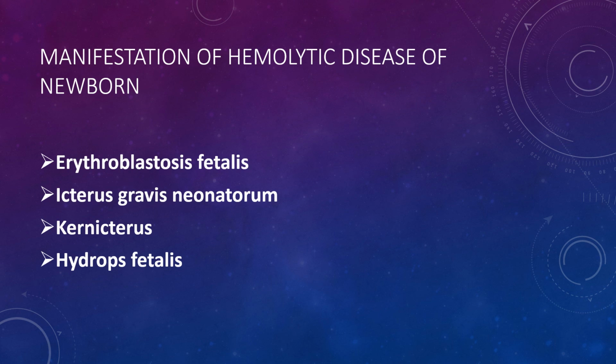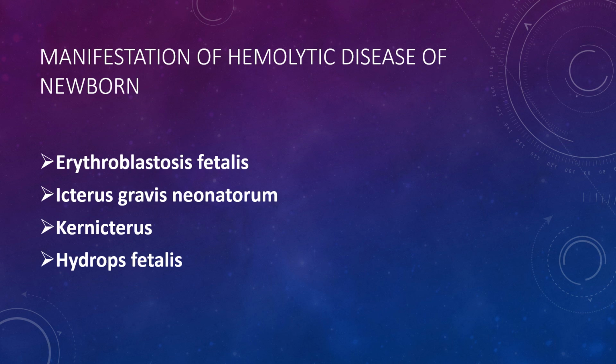Icterus gravis neonatorum is when the child develops jaundice in the first 24 hours, and kernicterus is where the child develops a neurological syndrome because bilirubin enters the brain through the immature blood-brain barrier, causing permanent damage, particularly to motor activity. It affects motor activity due to the deposition of bilirubin into the basal ganglia.